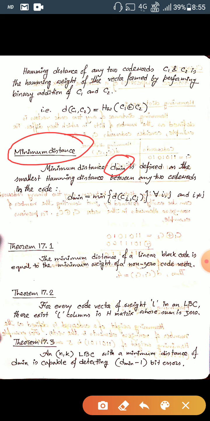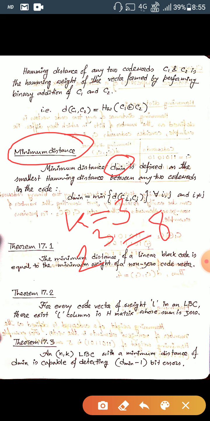That means if you consider a 3-bit message, that is k is equal to 3, how many tuples will there be? 3-tuples. That means 2 to the power of 3 messages will be there, which is equal to 8.